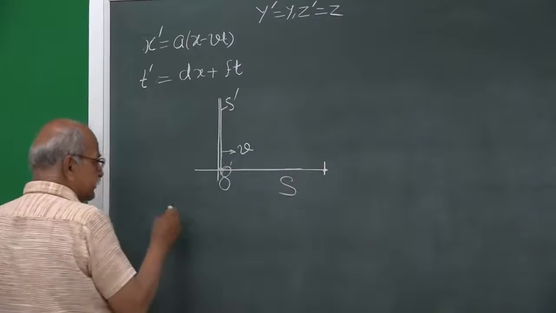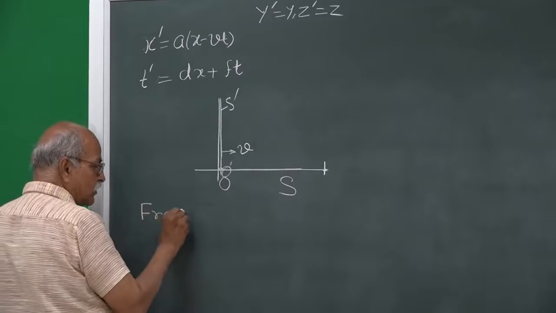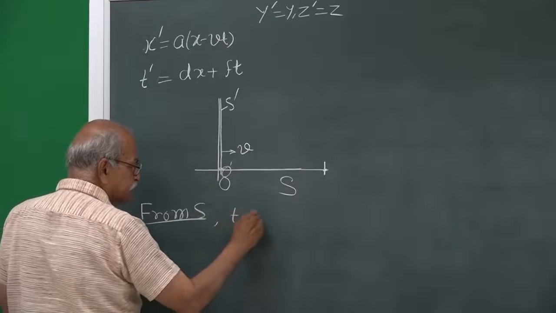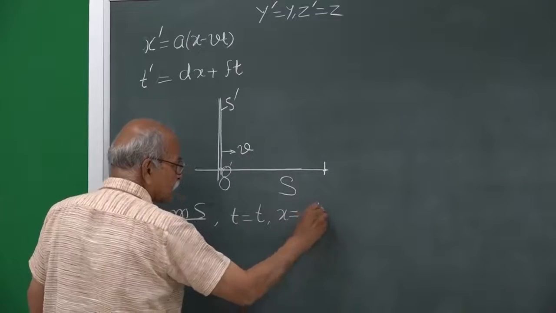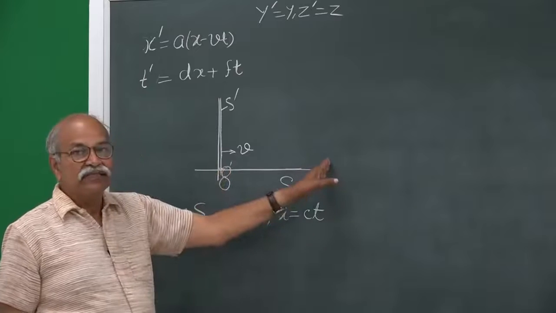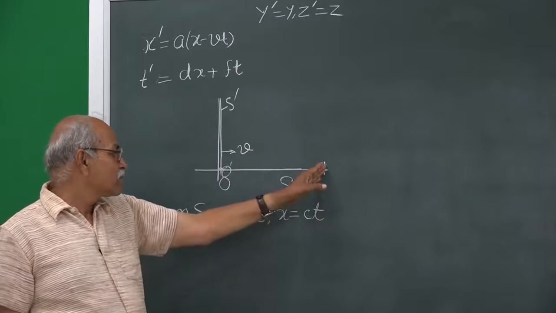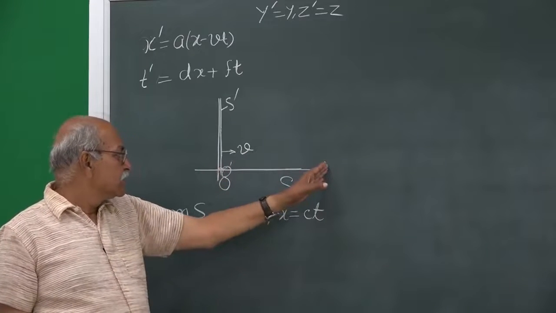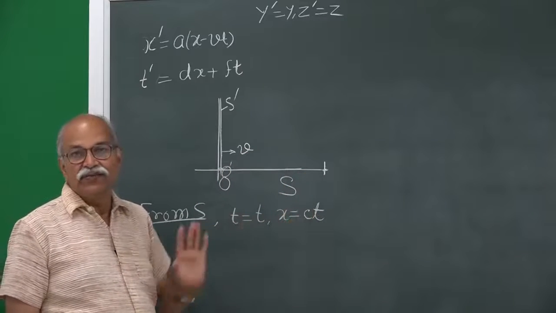This is from S, time is t and x is c t. My radiation pulse has reached this point at time t, and the distance covered must be c t. So, x is c into t.